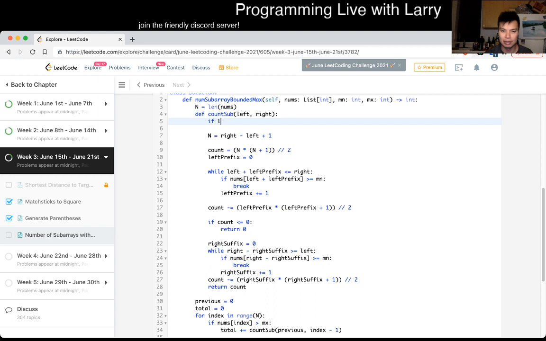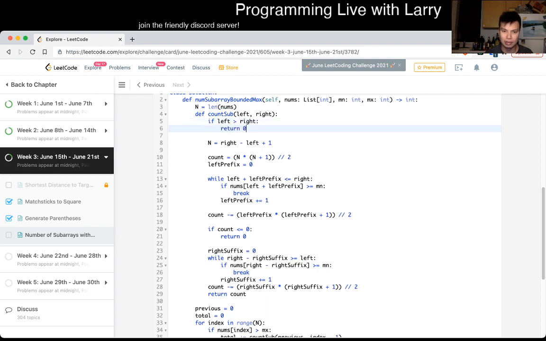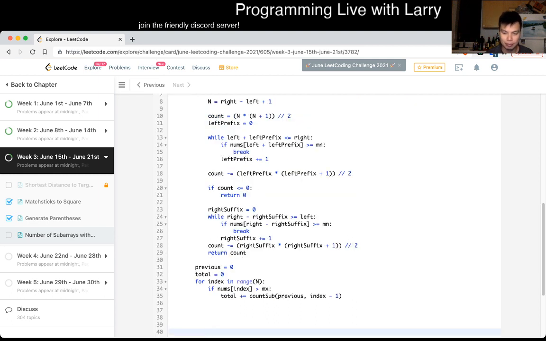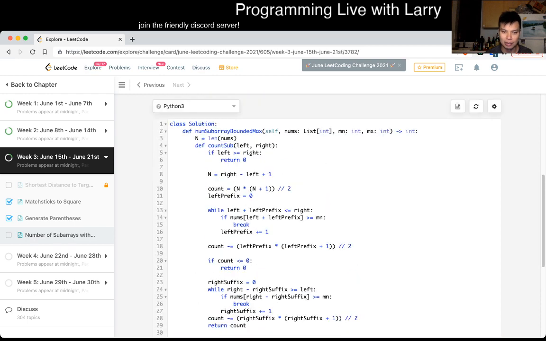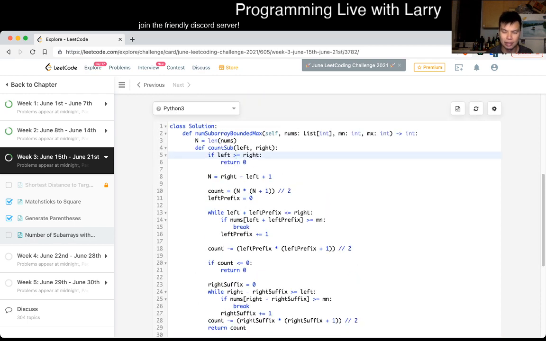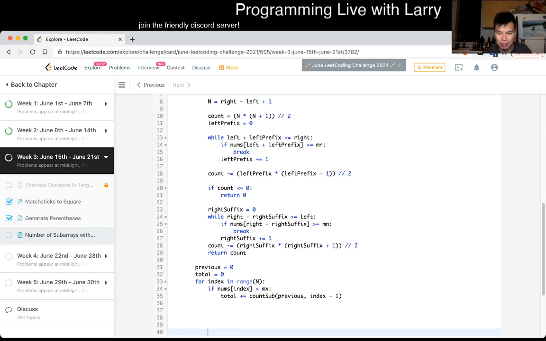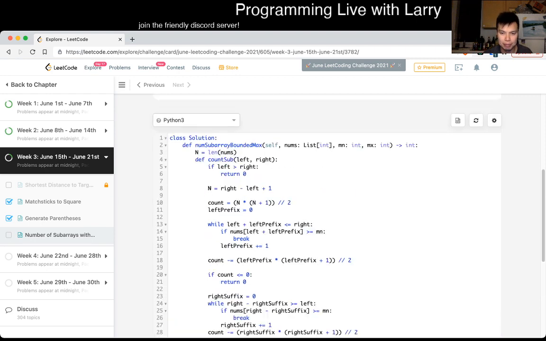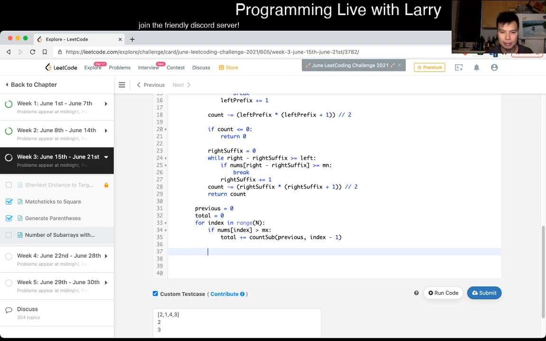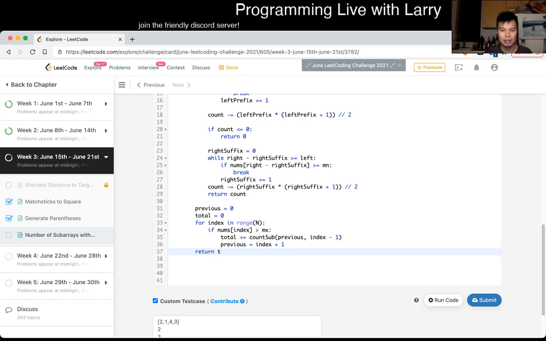If left is greater than right, return 0. Because wait, I guess this is not true if this is equal. If it's equal, we might have to do it loop once because it may have 1 array. 1 element. Previous is equal to index plus 1. Yeah, I think this is roughly right.